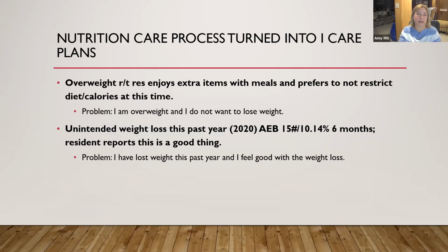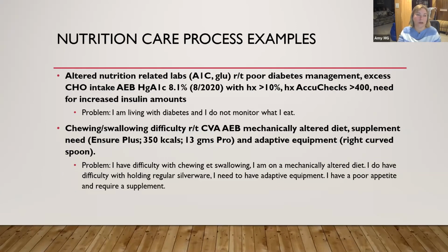Here's a few more examples. I took one for a diabetic who had an elevated A1C and elevated AccuChecks and the need for insulin. And the resident does live with diabetes and they choose not to monitor what they eat. So pretty concise. The other thing is here on that second example is chewing or swallowing difficulty, and they have a supplement.